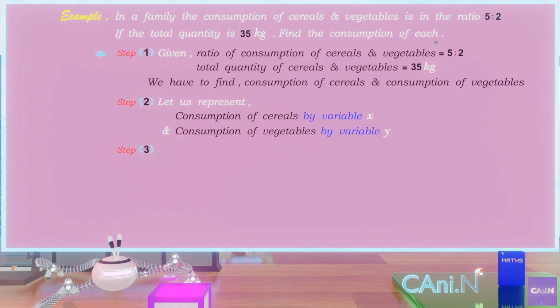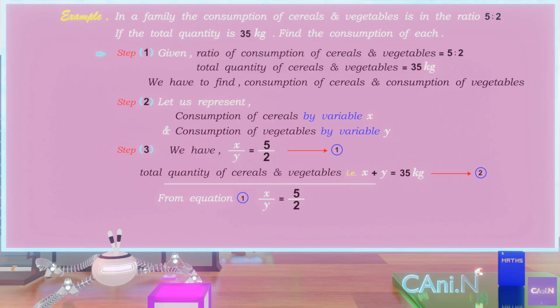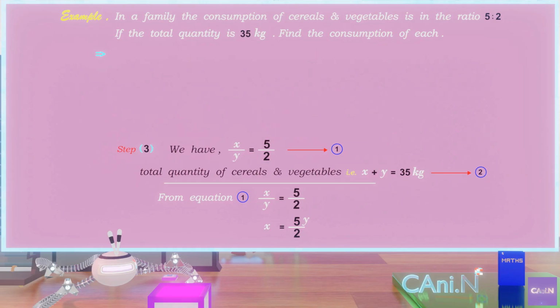Step 3. We have x by y equals 5/2. Let's call this equation 1. Also, total quantity of cereals and vegetables, that is, x plus y equals 35 kilograms. Let's call this as equation 2. From equation 1, x by y equals 5/2, so x equals 5y by 2.